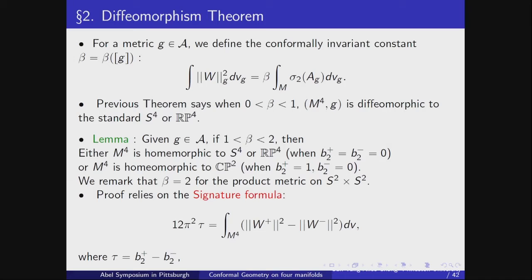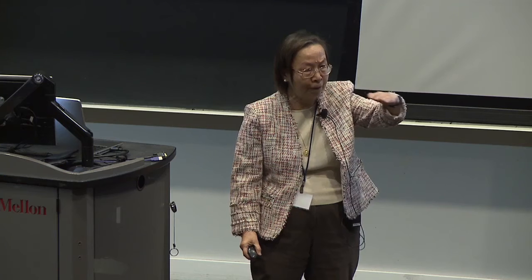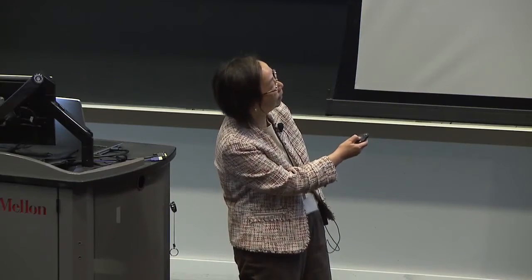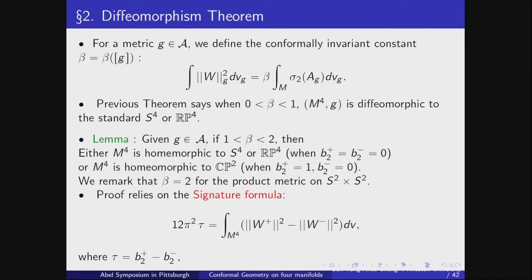Okay, and now this theorem also suggests that what happened on S4, you have almost a uniformization theorem in terms of this conformal invariant, and when it's reached, then it's CP2. And then can one continue the program? So for that, one defines this constant, a conformal invariant constant, the ratio between these two conformal invariants.